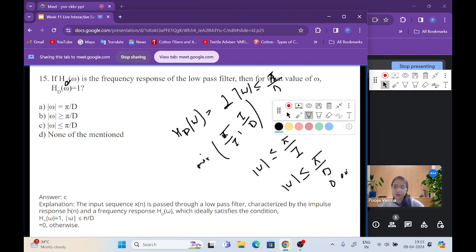So option C is the correct answer for this question: mod of omega must be less than or equal to pi by D. If decimation and interpolation both factors are given, then the minimum of pi by I or pi by D. Okay, I hope all of you got this question. So moving to the next question.